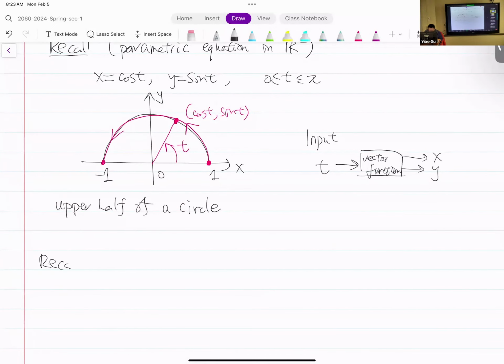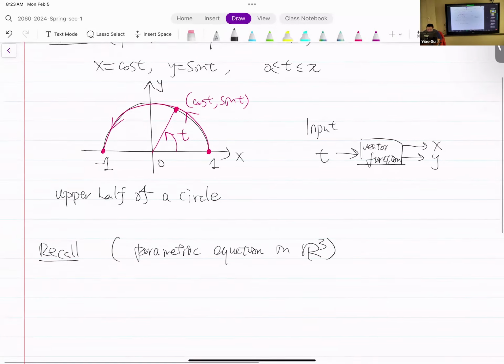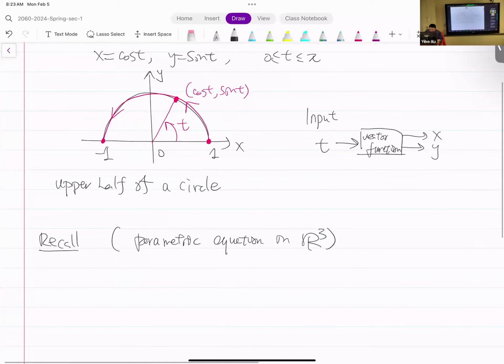And actually, we have seen something in 3D already. So for parametric equation in R3, we have seen that's a line, right? Equation of the line, parametric equation of the line. So x, let's say, equal to 1 minus t, y equals to 1 plus t, z equals to 2t.